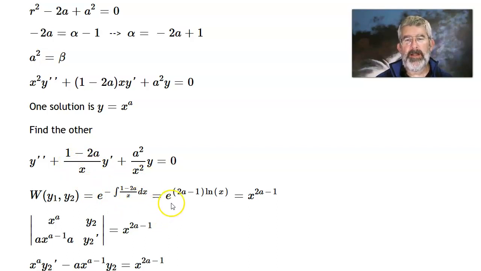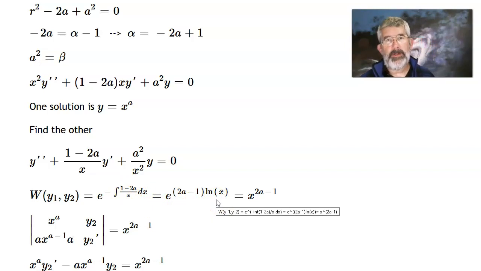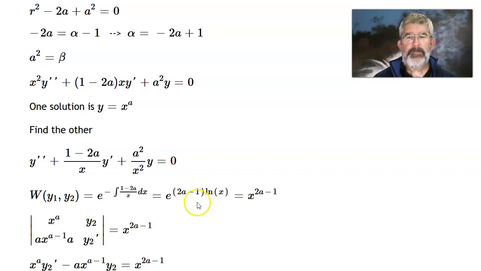So I integrate that, I get e to the (2a minus 1), the minus having been distributed in there, right? And the integral of 1 over x is the natural log of x. Again, don't worry about the absolute value sign because x, I'm assuming, is positive right now. This simplifies to x to the 2a minus 1. I should also point out that Abel's theorem says there's a constant out in front here, and I'm just choosing the constant to be 1.